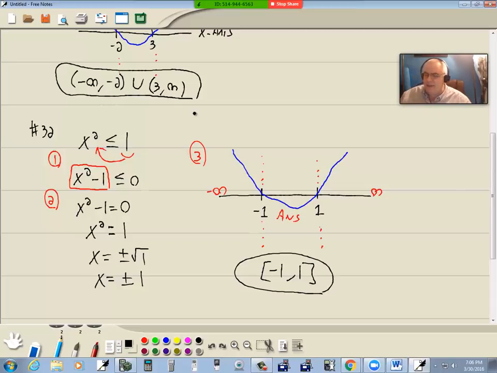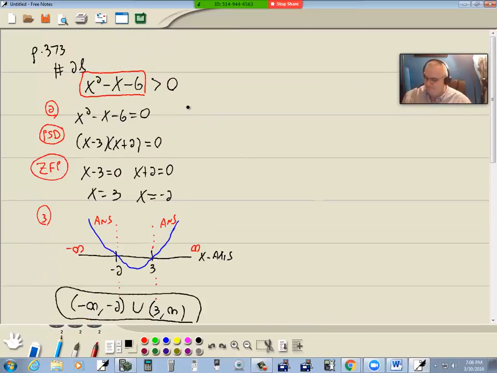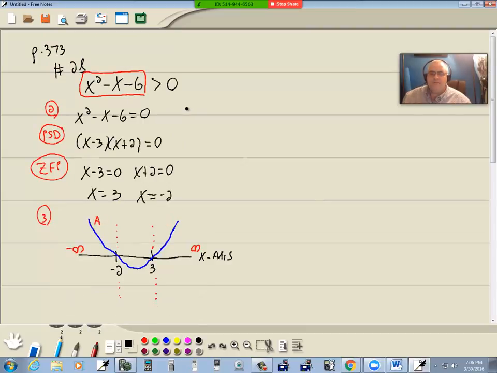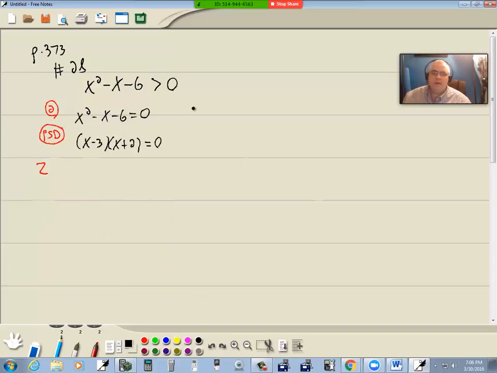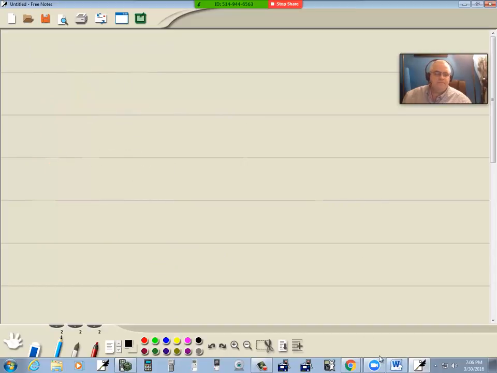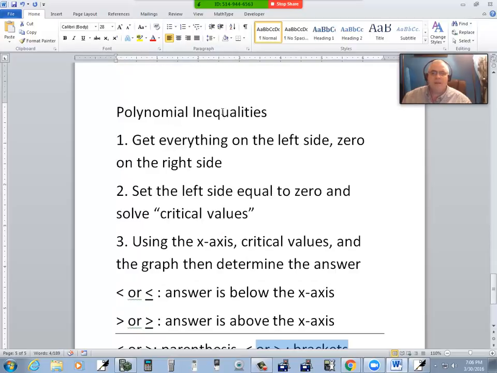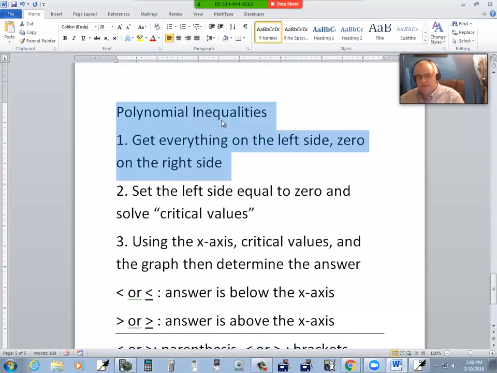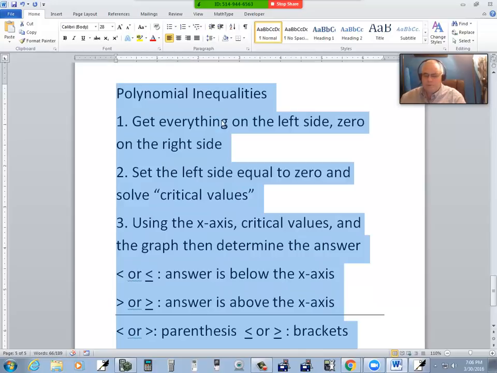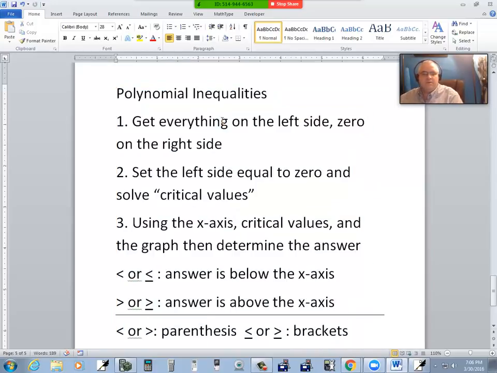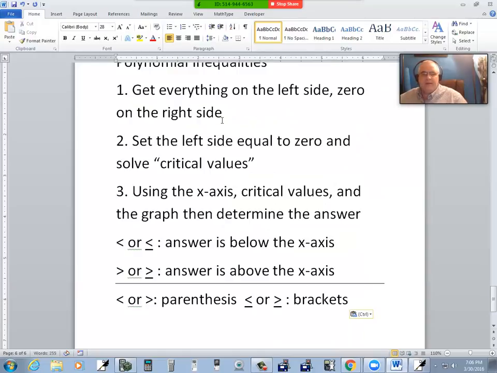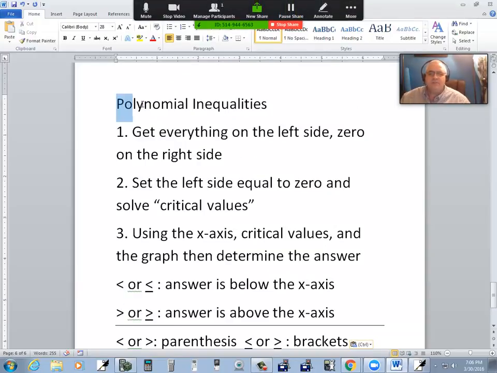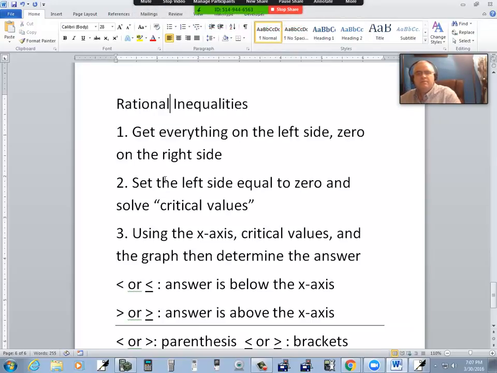Now let's take a look at rational inequalities. Step 1, get everything on the left side, 0 on the right side.